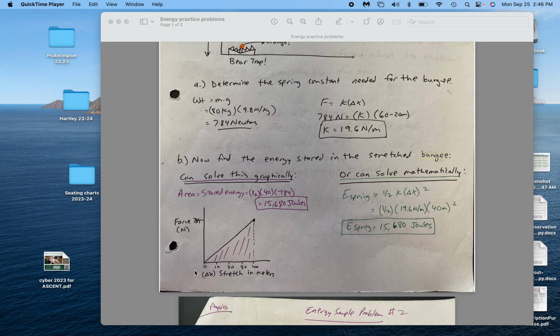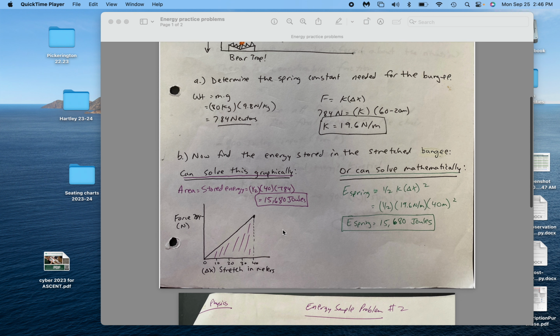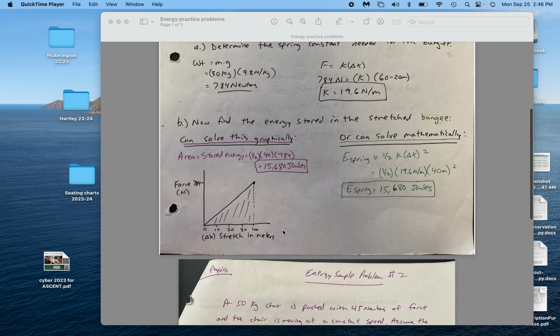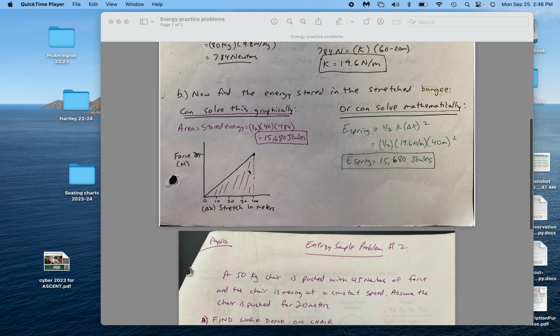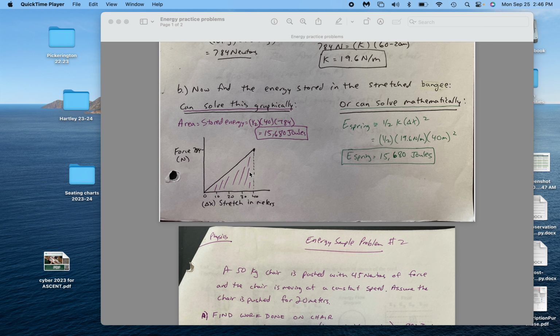Make a plot, 784 newtons, 40 meters of stretch, make a triangle, area of the triangle, 1/2 height times base, 1/2 times 784 times 40, gives us that exact same answer. So I want you to understand you can solve things more than one way, since the area of the force versus stretch graph does give us the elastic potential energy.